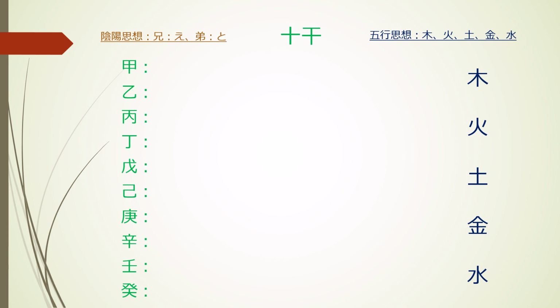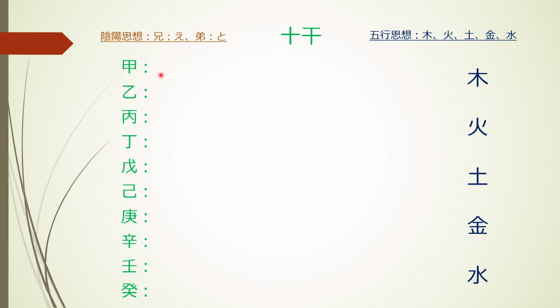So, as I mentioned, the Jikkan is the Kinoe, Kinoto, Hinoe, Hinoto, Tsuchinoe, Tsuchinoto, Kanoe, Kanoto, Mizunoe, Mizunoto. What you'll notice is that each set of 2, okay, I'll change my pointer.